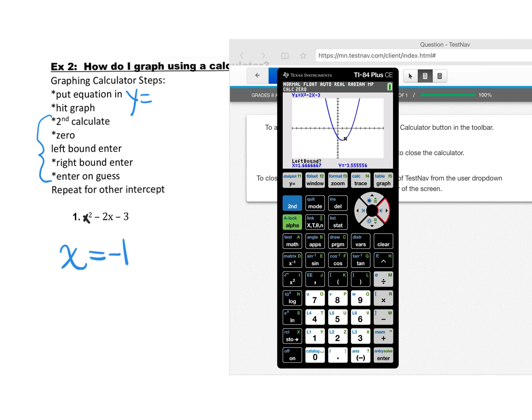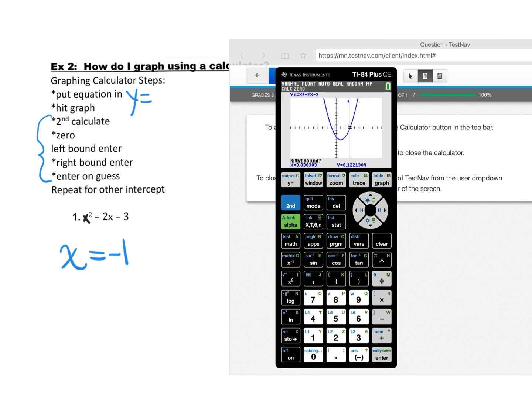If you were to turn your calculator, you would find that the left bound now is going to be right underneath the x-axis. And you're going to press enter. Then it says right bound, so we're going to go just above the line and enter. Then it says guess, so we're going to enter it again. And notice how now it says x is equal to 3.